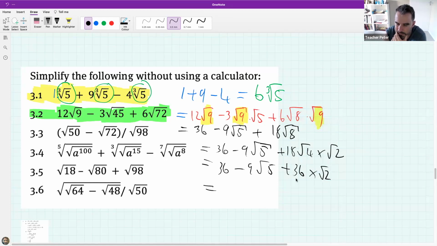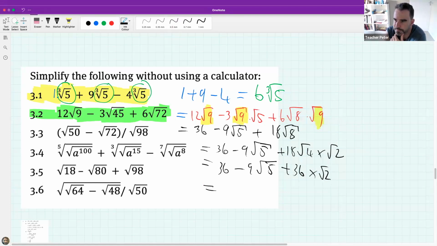And have I missed something? No, because the square root of 5 is a prime number. Square root of 2 is a prime number. That's a messy one. So everyone, you can't really go much further because this 36 root 2, that's 36 by itself. I feel like maybe that was a mistake in the question there.